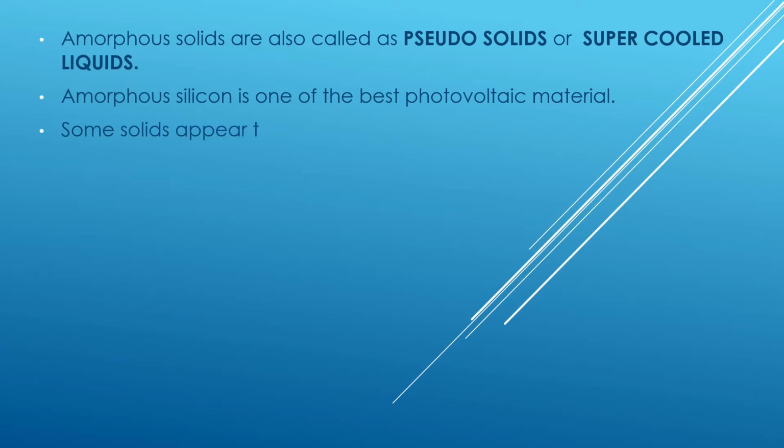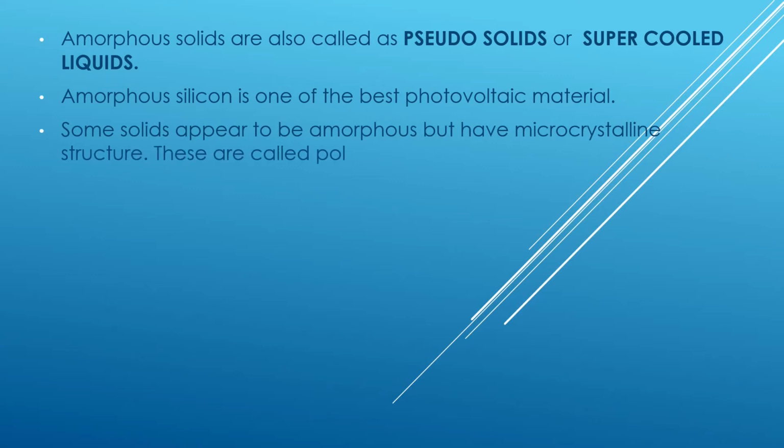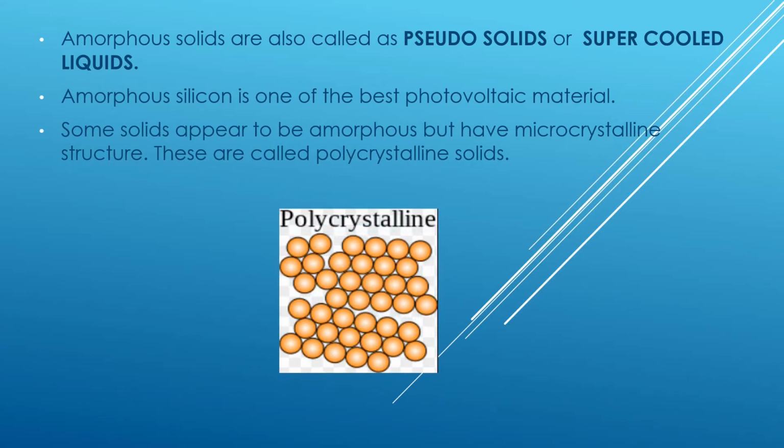They usually appear amorphous, but sometimes have crystalline properties or a crystalline structure. So these have a combination of both, which is why they are called polycrystalline solids. There is a picture. It is irregular at one point and regular at another. Please observe the picture so you have a clear idea about it.